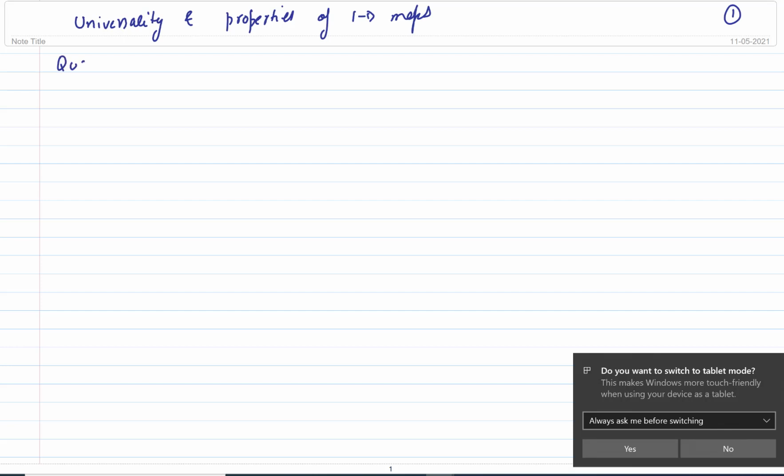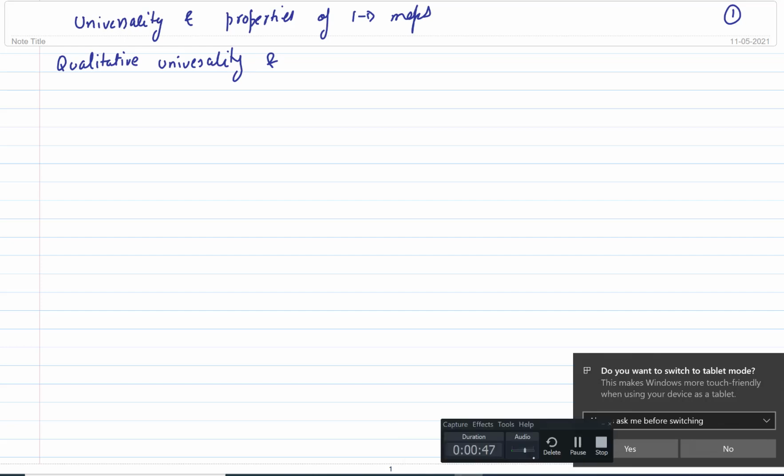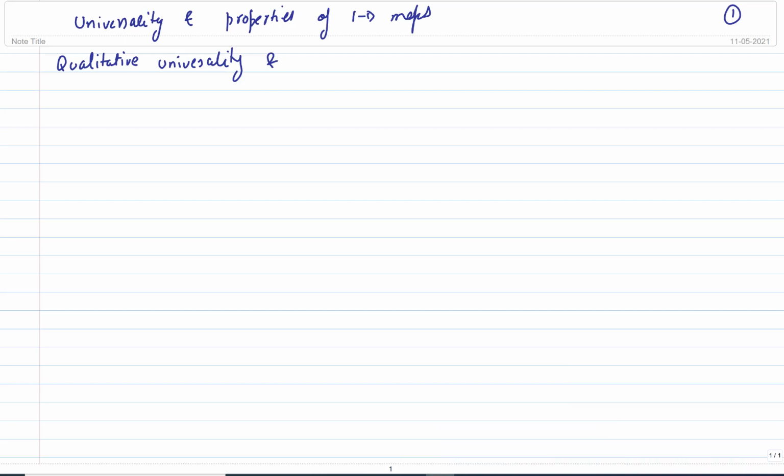First we are going to study qualitative universality and certain properties, and then we are going to study quantitative universality.